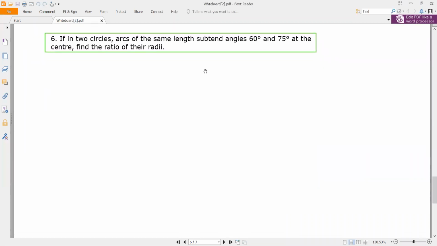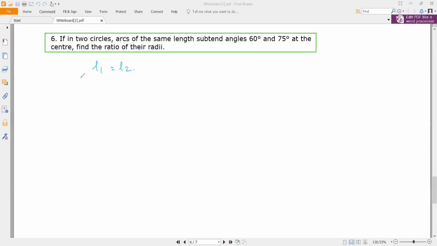If two circles' arcs of the same length subtend angles of 60 degree and 75 degree at the center, find the ratio of their radii. So two circles are given to you, and both the circles have the same length of the arc. So L1 is equal to L2.